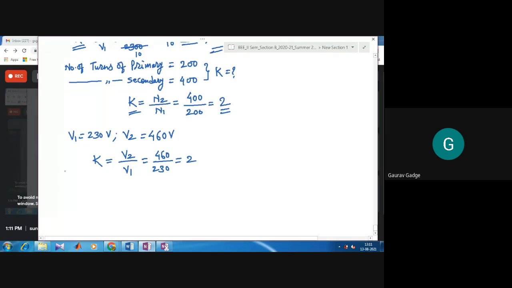Even from this, we can comment on the step up and step down transformer. Step up transformer, when we say step up, it means what?